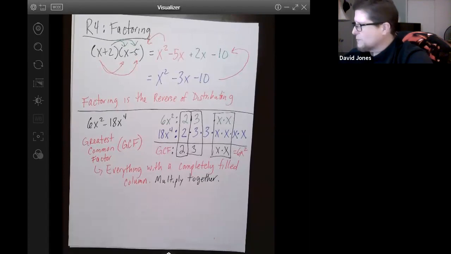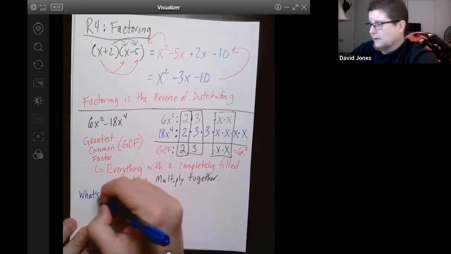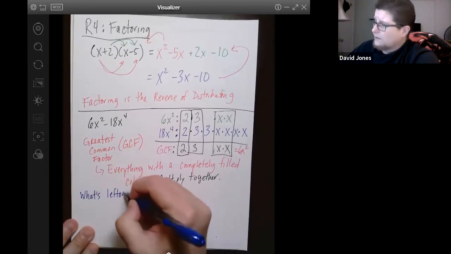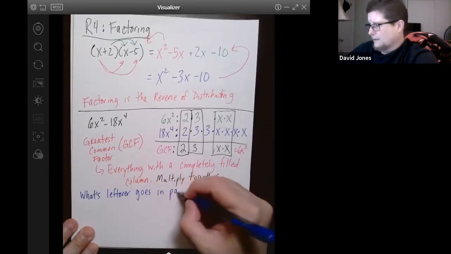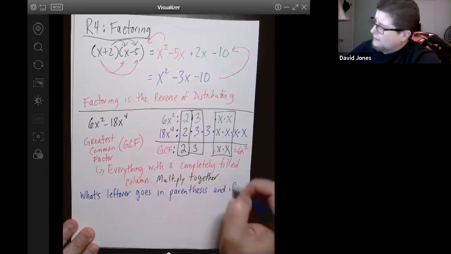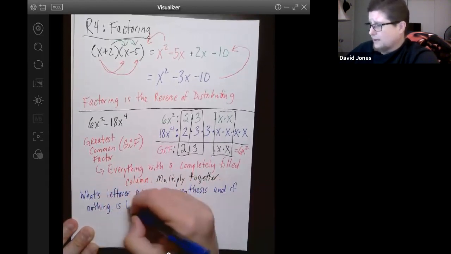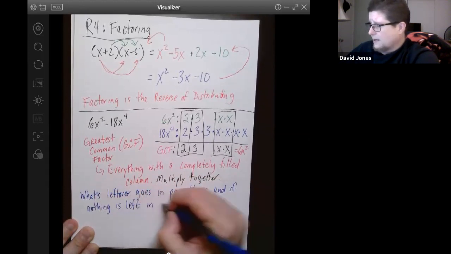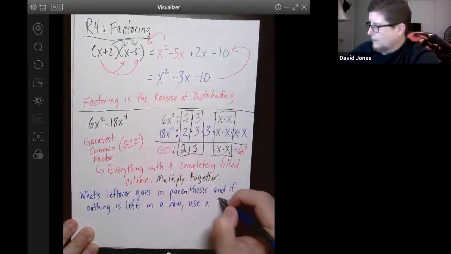Let me write that down: what's left over goes in parentheses. And if nothing is left in a row, use a 1.